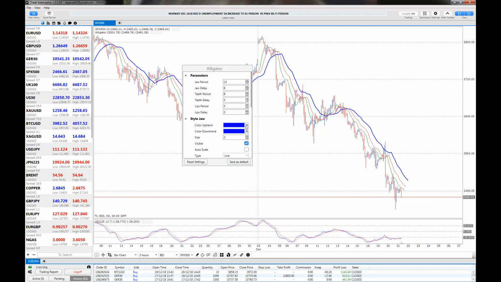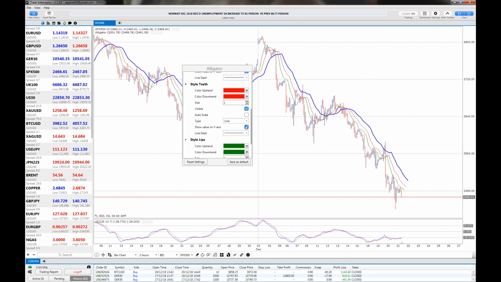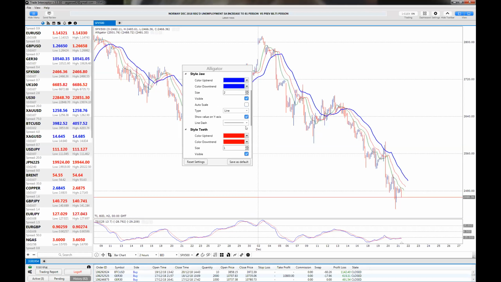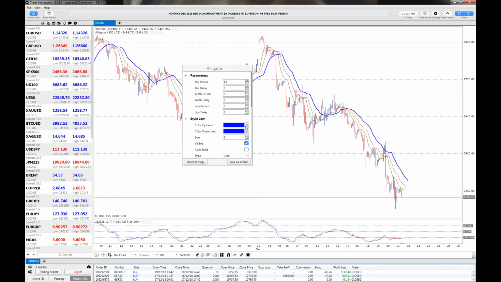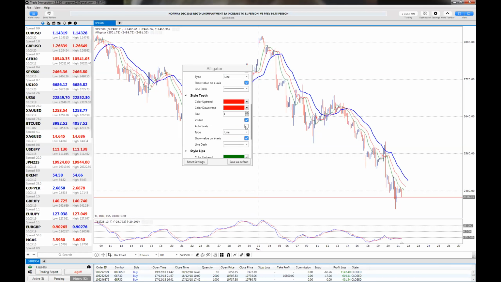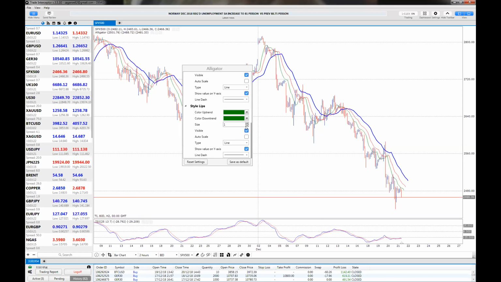You can put what you want here. The basic parameters, standard numbers here are like this. You can find it in MT4, of course, as well, with the same parameters here. You can adapt these parameters, of course, how you like.